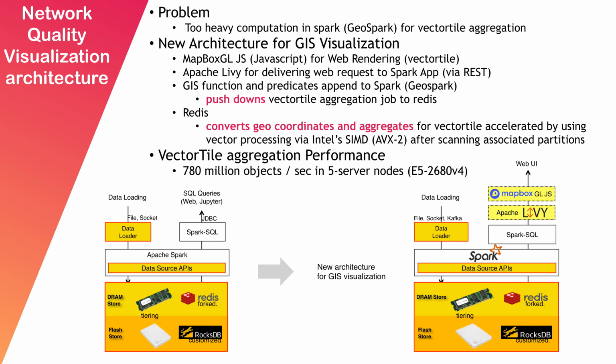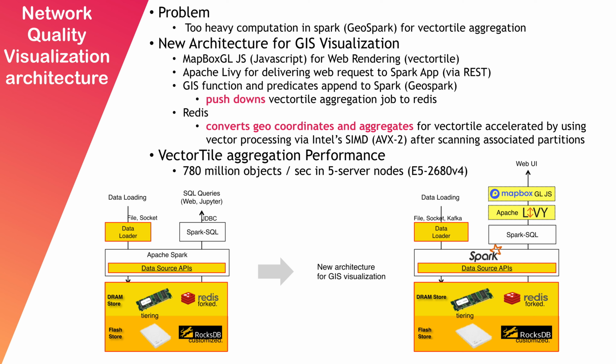But there was a problem with Spark because of too heavy computation for vector tile aggregation. So we implemented vector tile aggregation to be pushed down to Redis instead of Spark. We implemented Redis to convert geo coordinates and aggregate for vector tiles, accelerated by vector processing via Intel SIMD after scanning associated partitions.